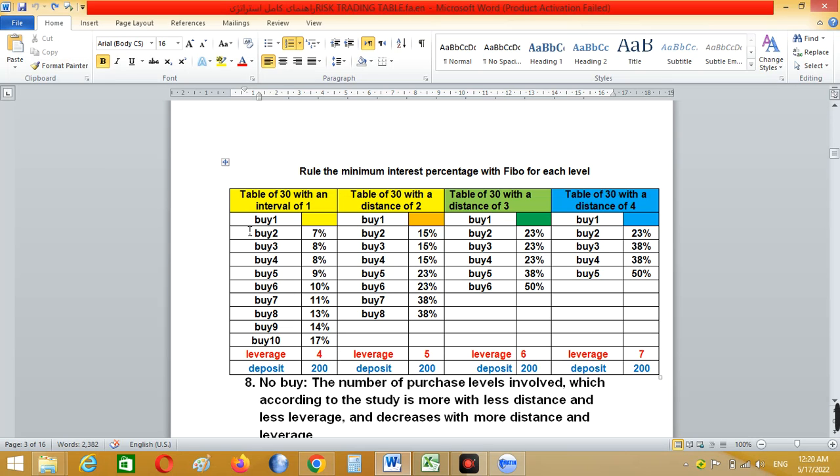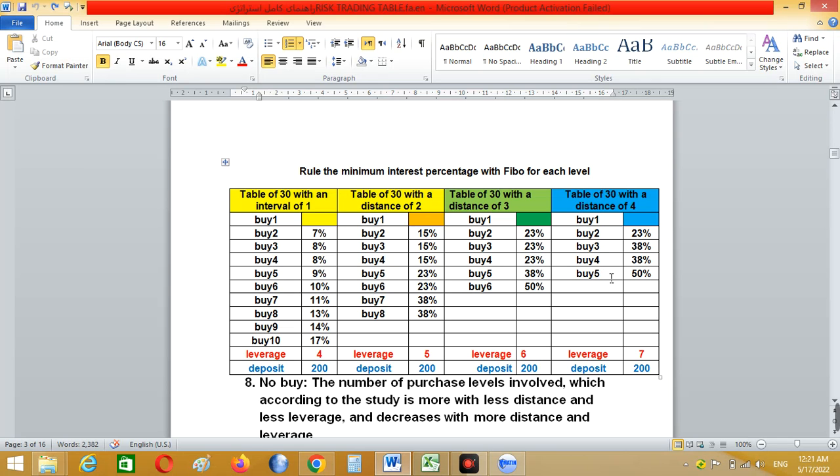If you use one step, you have 10 buys and leverage 4, and each level percentage profit to up level for buy 1 is 7%, and for buy 10 is 17%. For two steps you have 8 buys, first profit to up level 15%, and leverage 5. For three steps you have 6 buys, first profit percentage to up level 23%, and for four steps you have 5 buys.